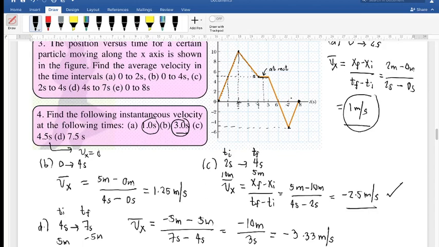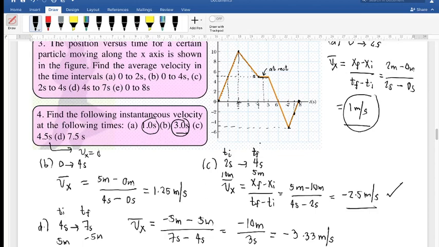How about for 7.5? So 7.5 is here, approximately, dito siya, from 7 to 8. So how can we do this one? So from here, from 7 to 8, as you can see, constant yung velocity niya. Okay? So constant moving towards the starting point. Ito yung straight line.